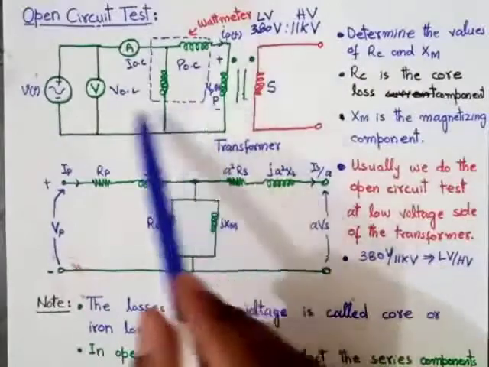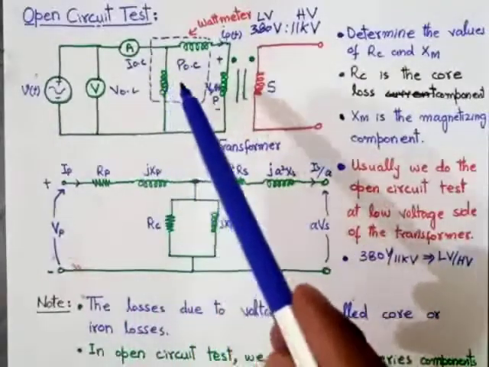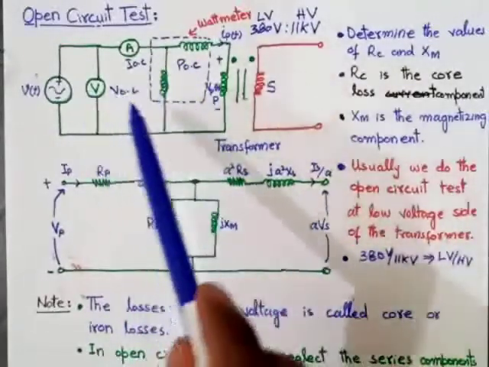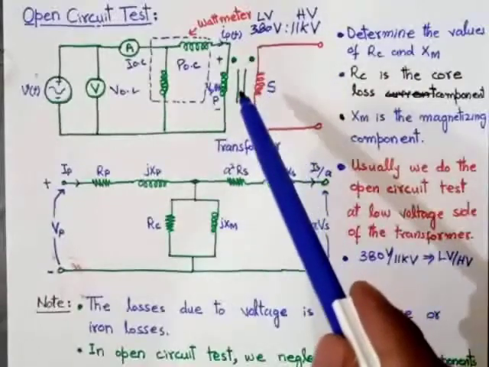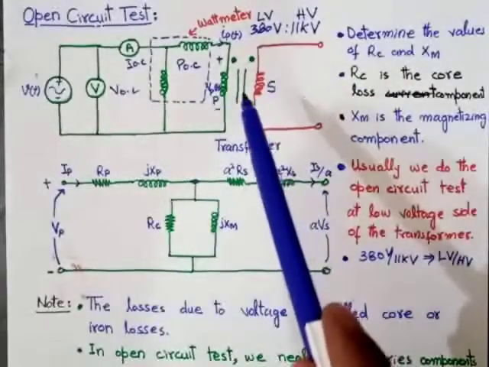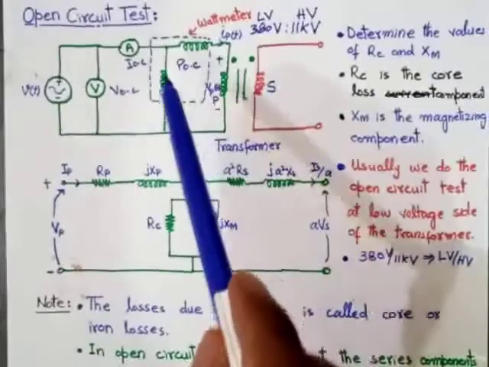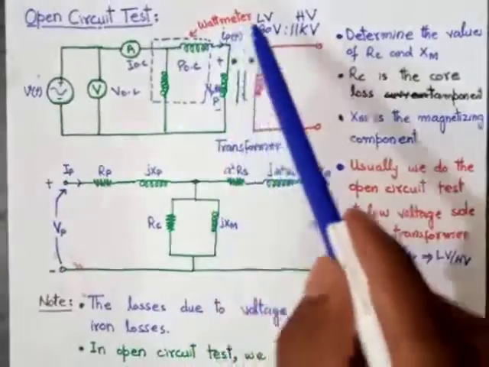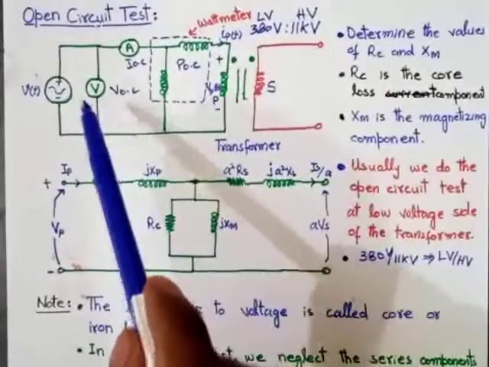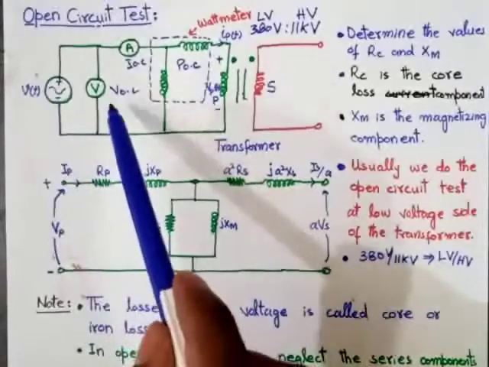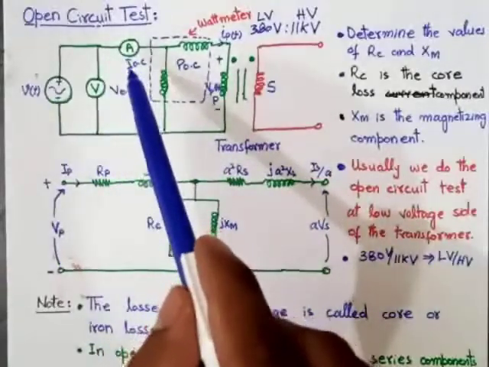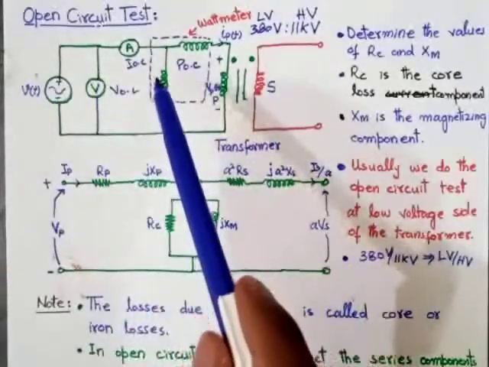So these 3 values we will determine by using the open circuit test of the transformer. By using the open circuit test, we can determine open circuit power by using the wattmeter, open circuit voltage by using the voltmeter and open circuit current by using the ammeter.